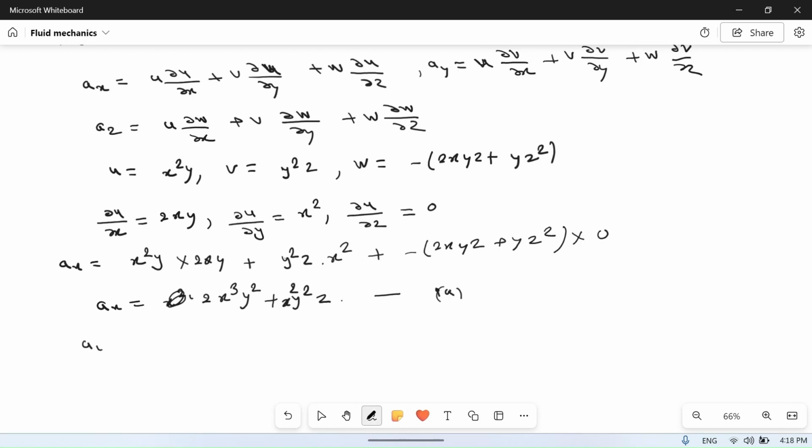Then what will be ay? For ay, you can see that ay is u del v by del x. So if we find del v by del x, it is 0; del v upon del y will become 2yz, and del v upon del z is y square.